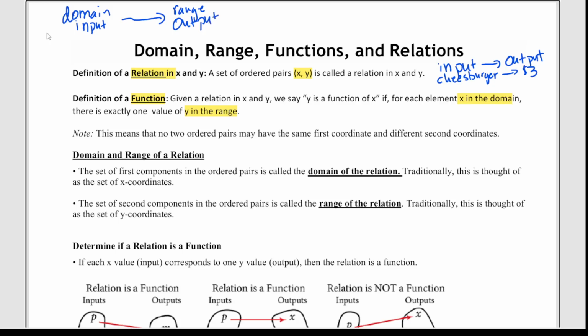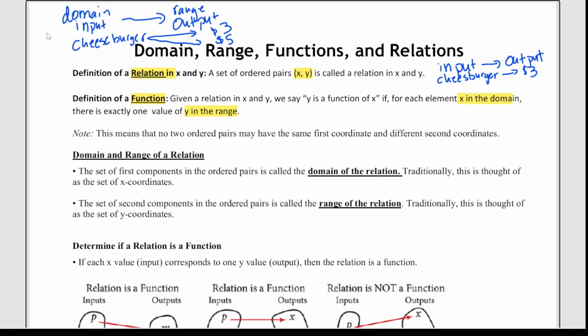So if it's the case that a cheeseburger is only going to map to $3 no matter what, that's a function. However, if a cheeseburger can cost either $3 or $5, suddenly it's not a function. If I tell you that I want a cheeseburger, I don't know how much I'm going to be spending. So that would make it not a function.